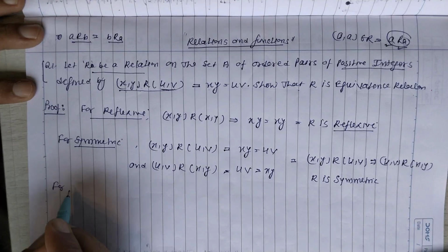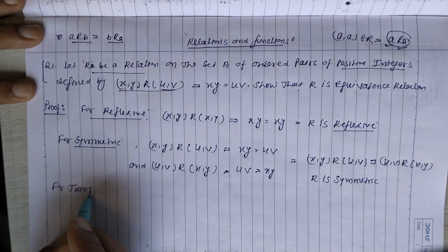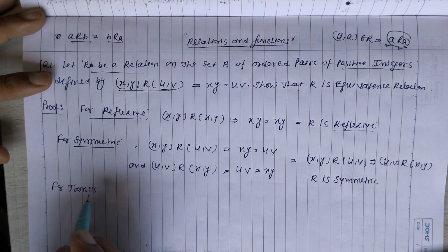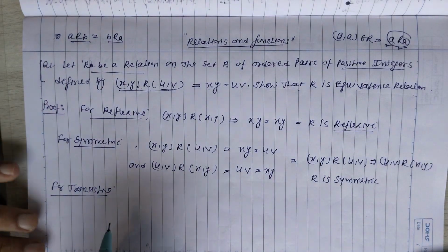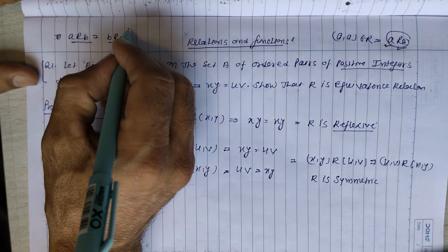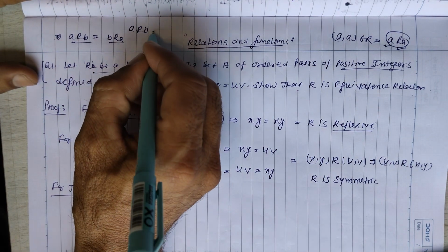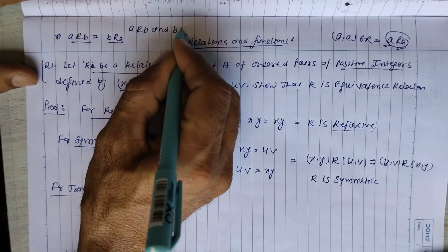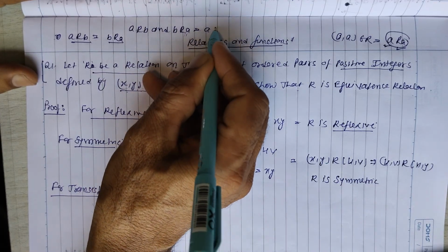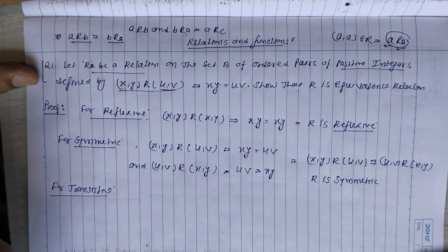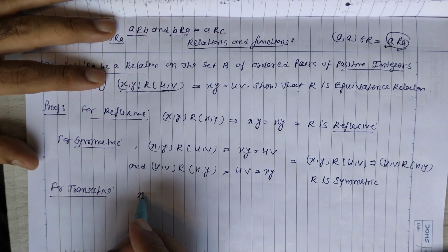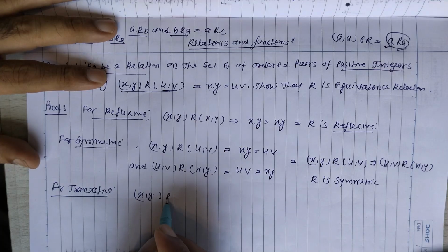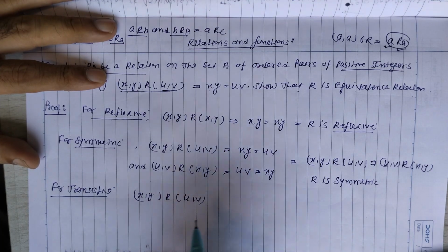And the main transitive. To prove that transitive, what is the definition? If A related B and B related C implies that A related C. A to B, B to C. So firstly you have given (x, y) related (u, v).